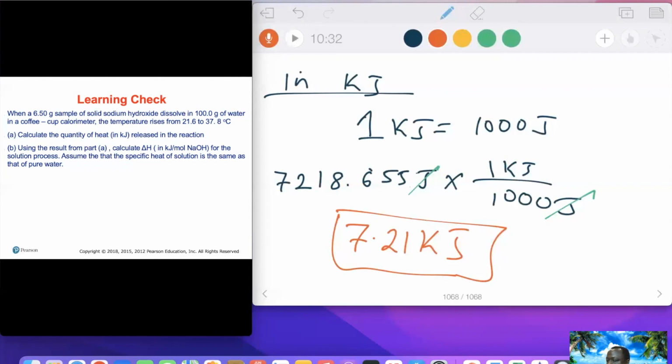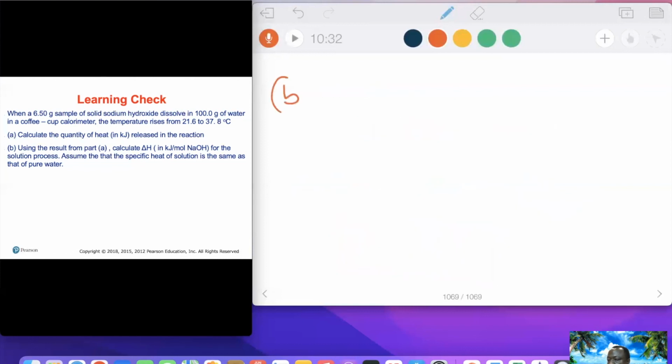In part B, using the results from part A, calculate the enthalpy of reaction in kilojoules per mole. So we need to know how many moles of sodium hydroxide we have in 6.50 grams.